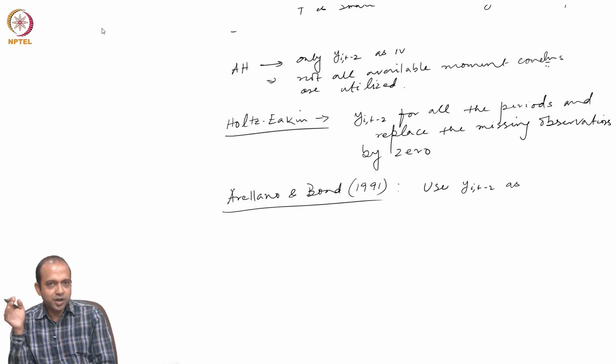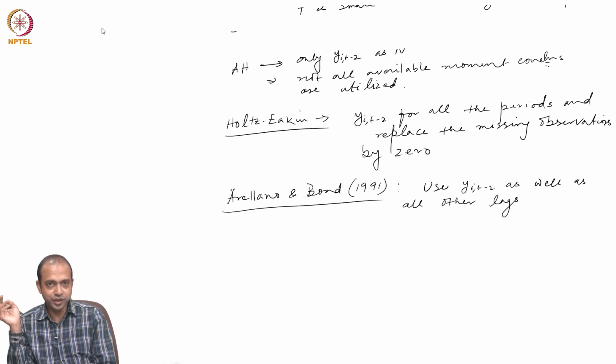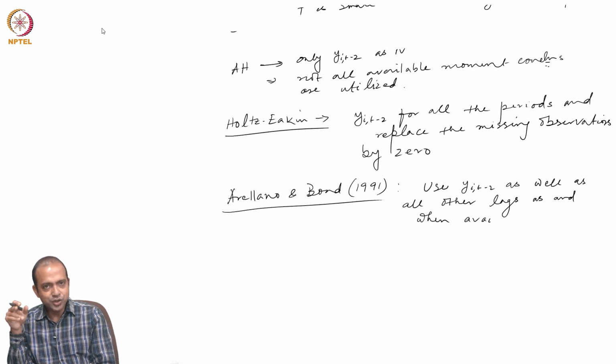So, for example, in third period, what will happen? You will have only Y_{i,t-2}, that means Y_{i1} is available. But when we go to fourth period, then we will have Y_{i,t-2}, that means Y_{i2}, as well as Y_{i1}, because Y_{i,t-2} and Y_{i,t-3} are also available.